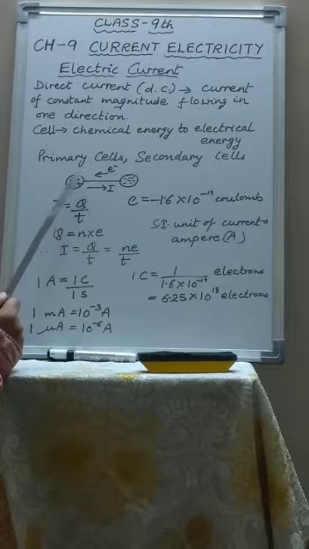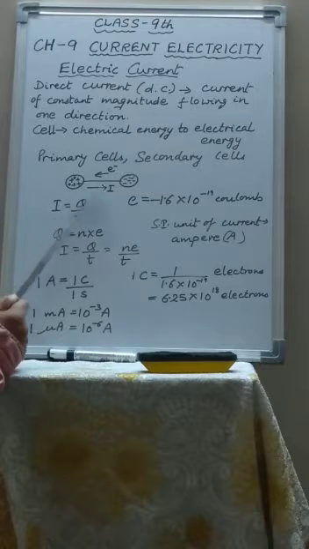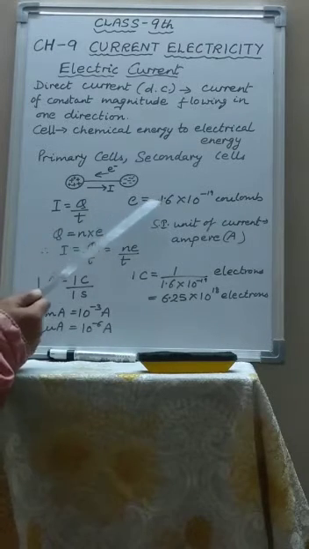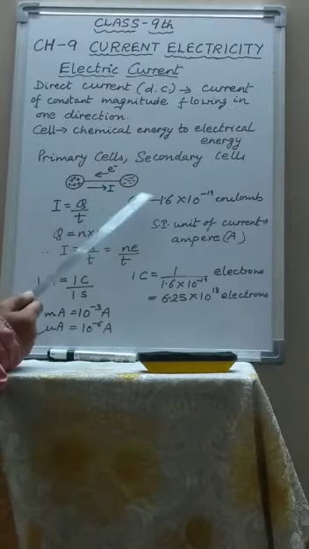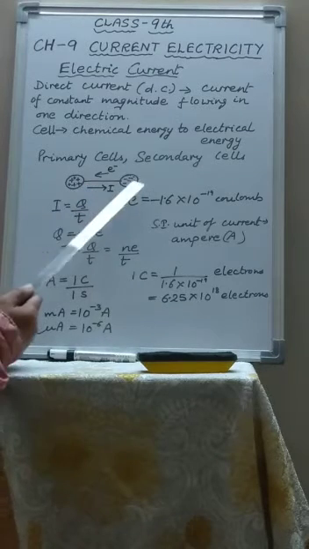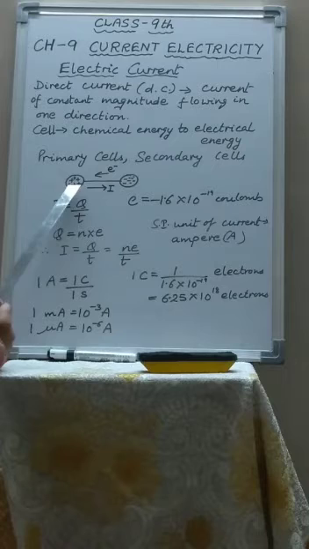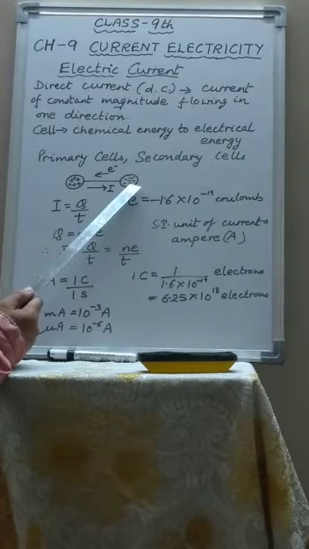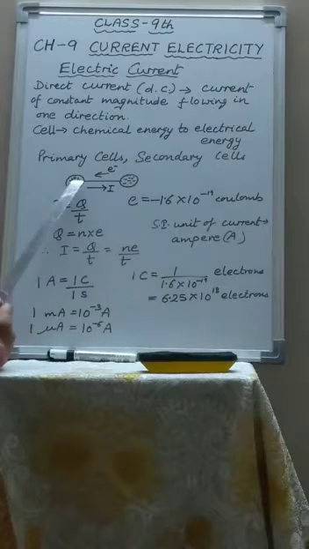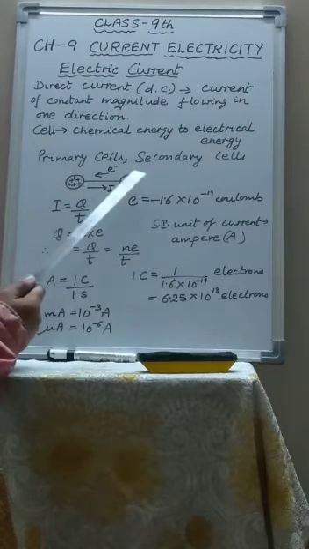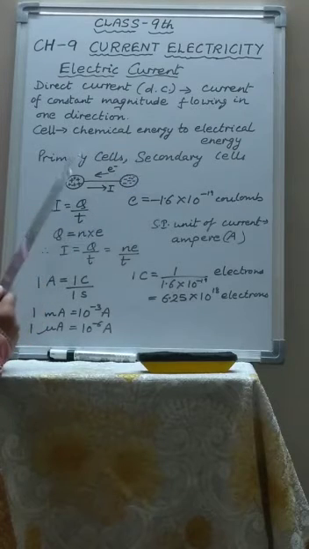But charges can be made to flow between them if they are connected together. If they are joined by a metallic wire, the electrons flow from the body having more electrons to the body having fewer electrons. So the electrons will flow from negative to positive.